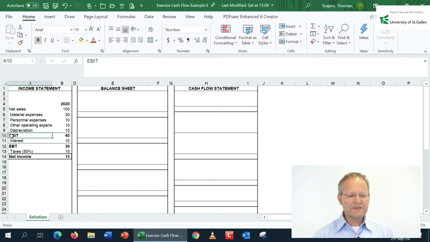Earnings before interest and taxes are then 40. Then you can say we pay a little bit of interest, 10, which gives us earnings before taxes of 30. And you can see it must be a French company, healthy 50% tax rate. Yeah, so we pay 50% on the 30 as taxes, and that gives us our net income of 15.